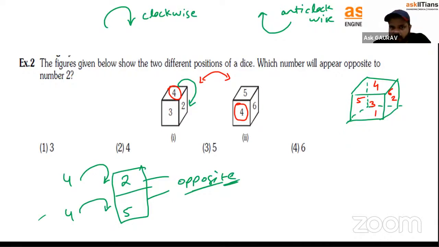If the question is, what will be opposite to 4? That should be 1, right? Because 3 and 2 cannot be its opposite, and 5 and 6 cannot be its opposite. Only 1 can be opposite to 4.